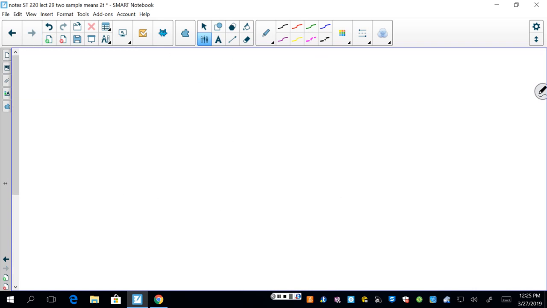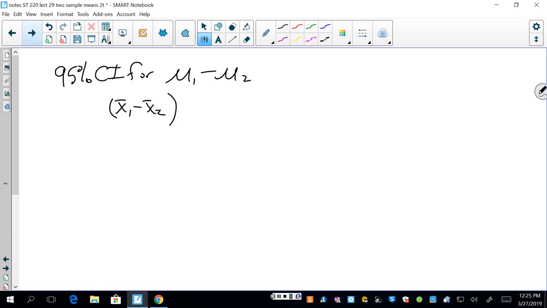So with all that, let's say a 95% confidence interval for the difference in these two things, x bar 1 minus x bar 2. We use a t distribution because we're estimating the standard deviation.